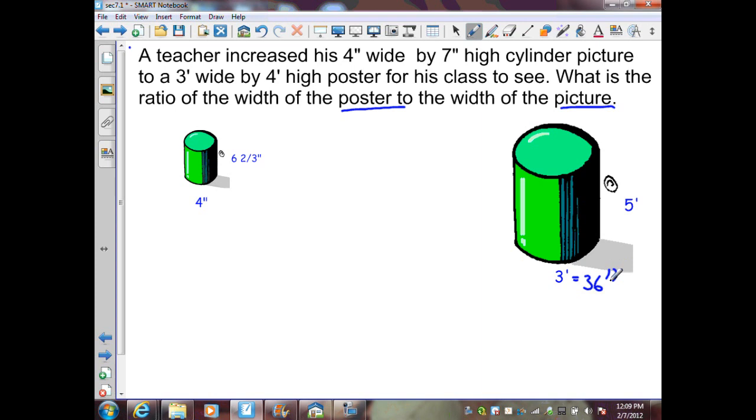And when I write my ratio, it can be a 36-inch width for my poster compared to 4 inches for my picture. Or I can write that as a fraction.